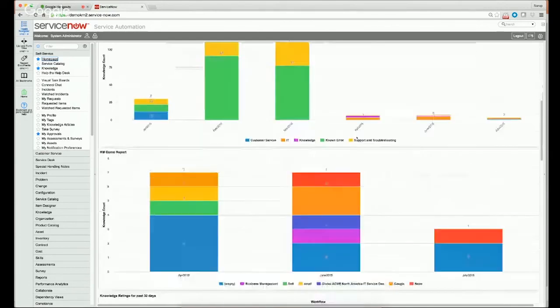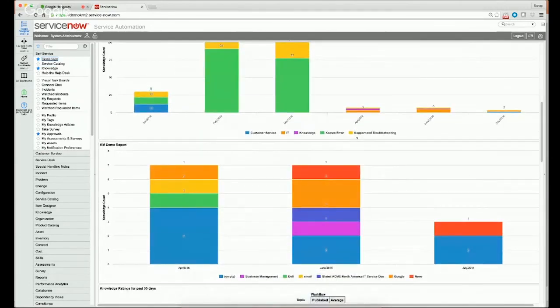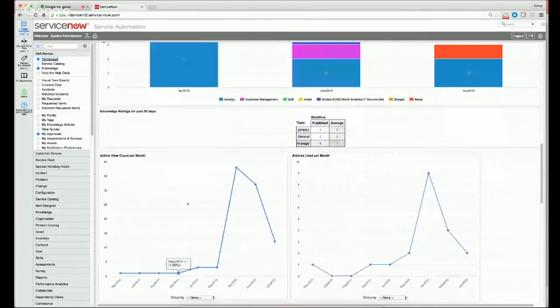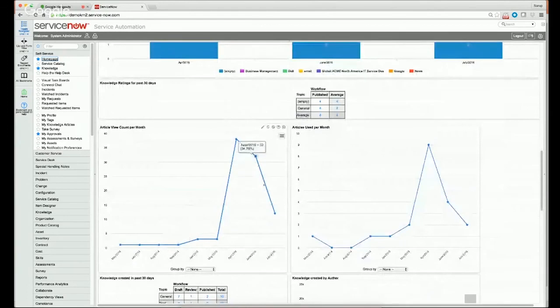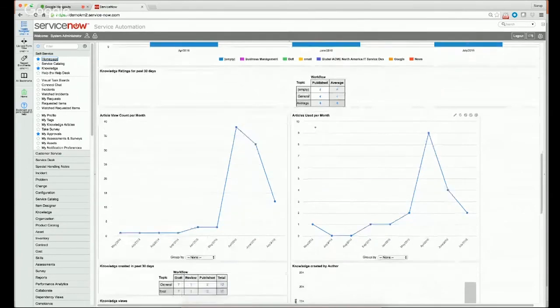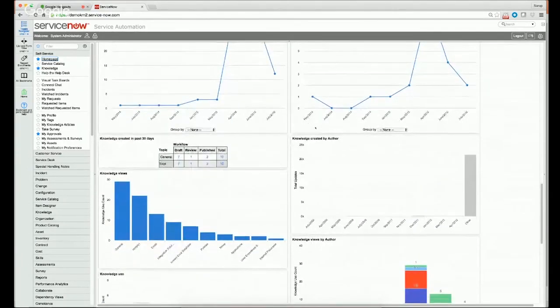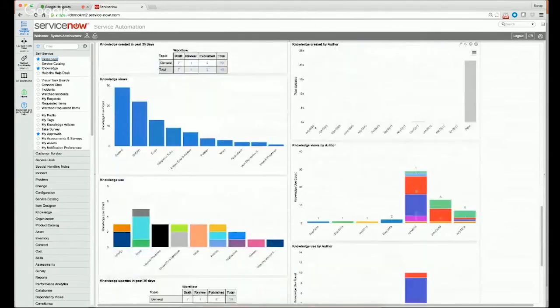This is one report. These are by categories. So this is another one. Articles view count per month, articles used per month. Usage is basically the linking information. So these are some of the example reports that you can create.